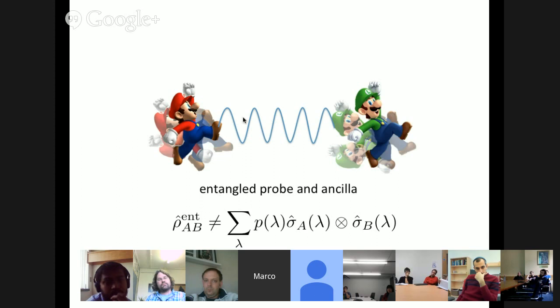So that means that this joint state, here I use also Alice and Bob. Alice will correspond to Luigi, and Bob will correspond to Mario. Well, this initial entangled state cannot be written as a convex combination of product states. Instead, in the case when this is possible, as stated in this decomposition, such a state is called separable or unentangled.